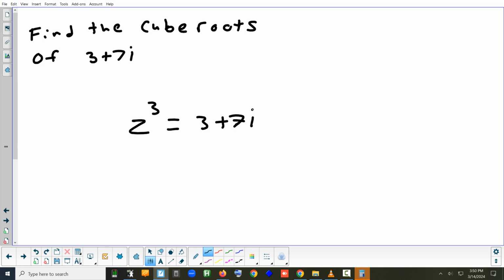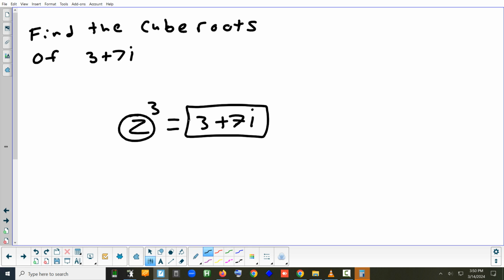What did we do in class with this number and the z? You're talking about the 3 or the 7? Well, this needs to change to something, and this needs to change to something. I'm not exactly sure.